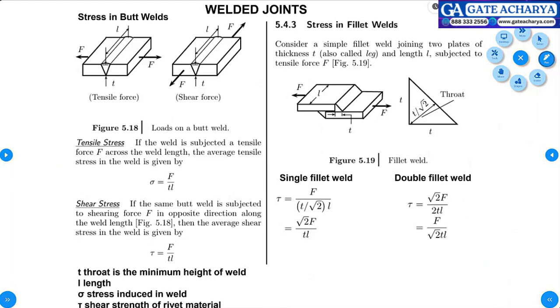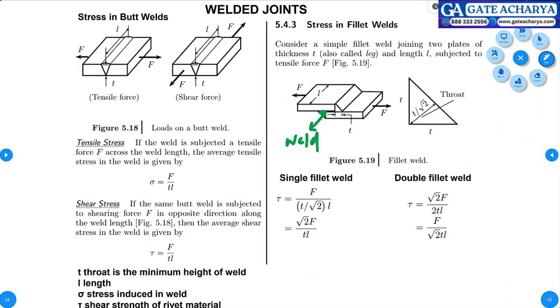T means throat of the weld, right? This distance, this is the weld, this is the welded portion. So this distance is nothing but T. We decide this throat based on the thickness of the plate.